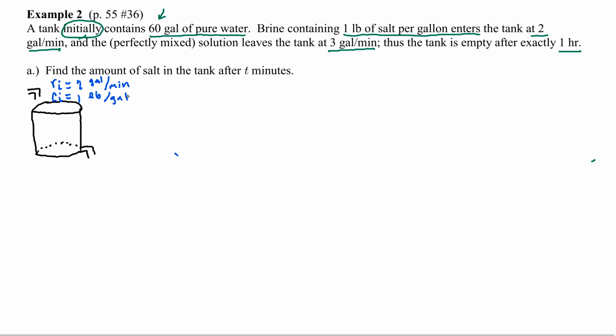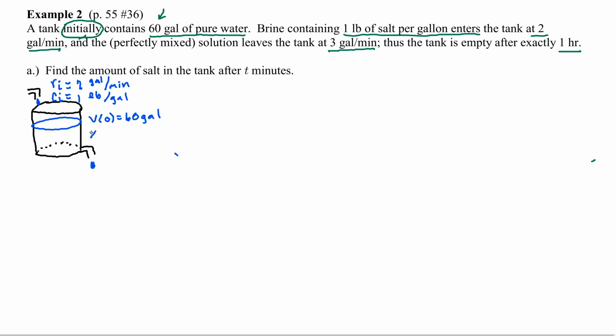So we're measuring the salt in pounds this time instead of grams. We are also told that the initial volume, so at time 0, the volume in the tank is 60 gallons of pure water. So we are starting with pure water in the tank, and we have brine solution coming in and draining out.